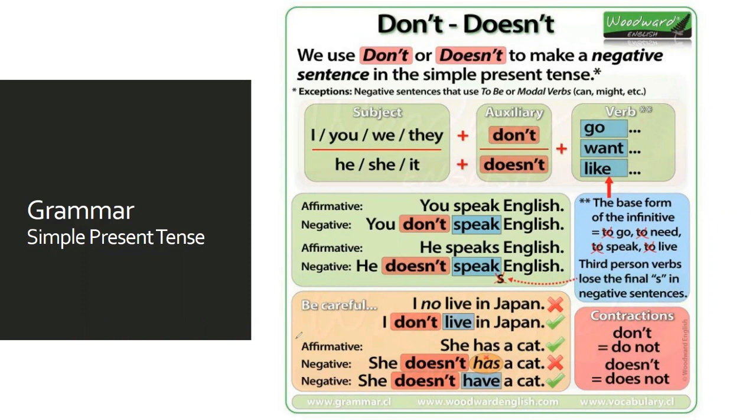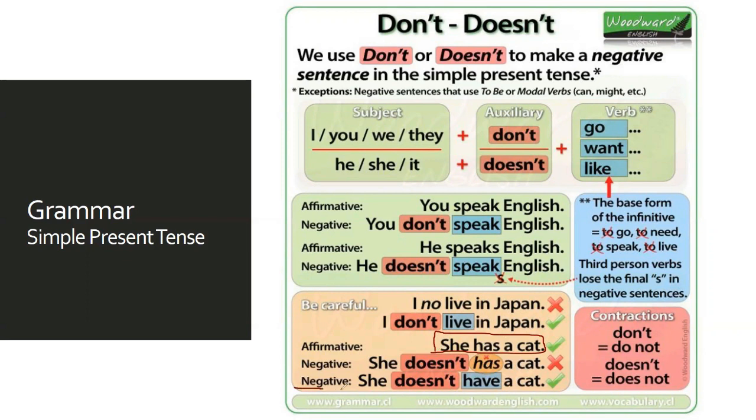There is one example: when it comes to an affirmative sentence for the subject she, he, it, you have to create a verb that suits the subject. For example, she has a cat, or he has a cat, or Annie has a cat. You have to be careful because you need to use has instead of have.